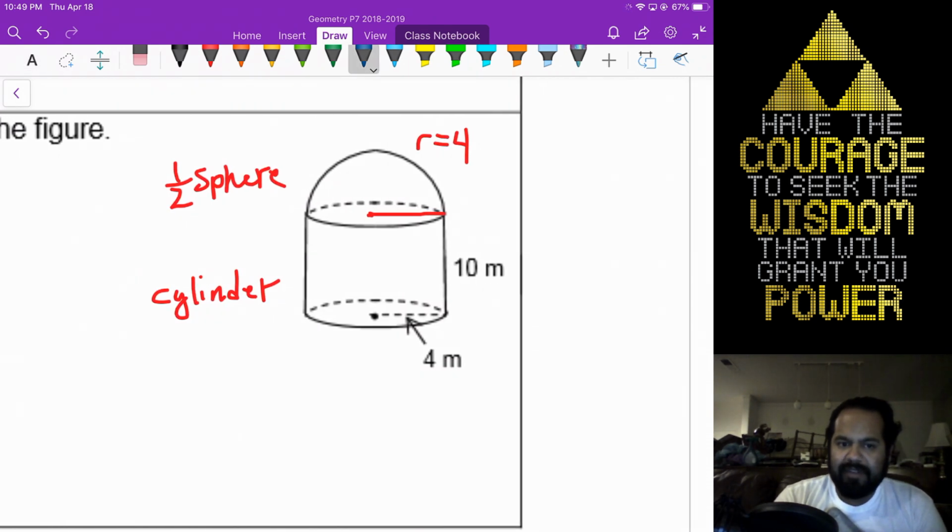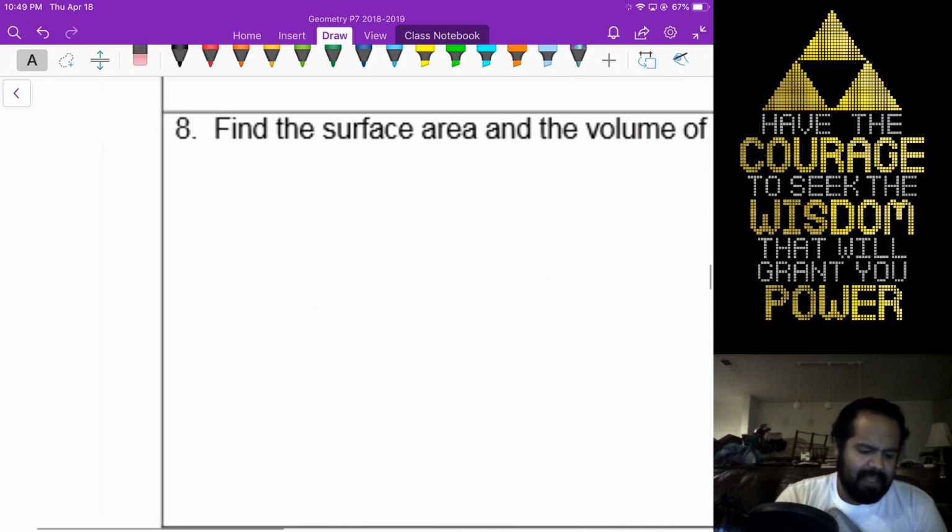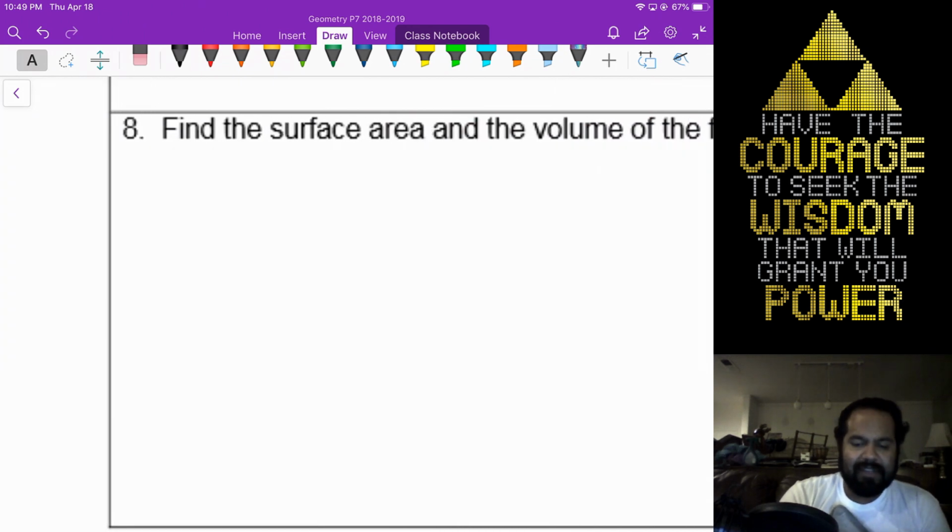Because we're looking at the surface of a composite solid, I want to take into account that I'm covering up this space here. So when I do my surface area for my cylinder, instead of saying plus 2 times my base, it's only one of the bases. And I'll show you how I separate it. It just might not be pretty on here because I don't have a good stylus, but we'll do the best we can.